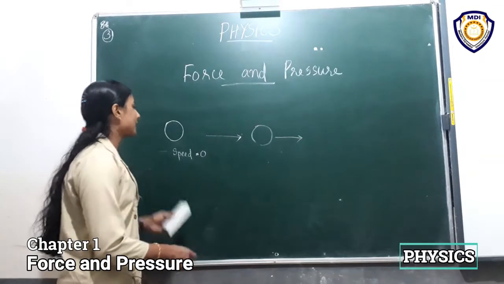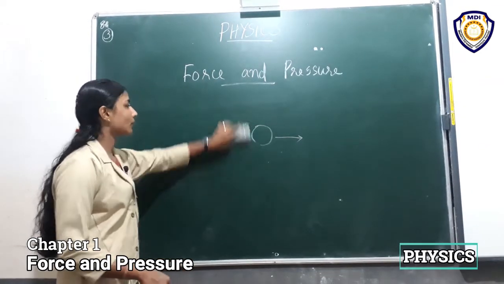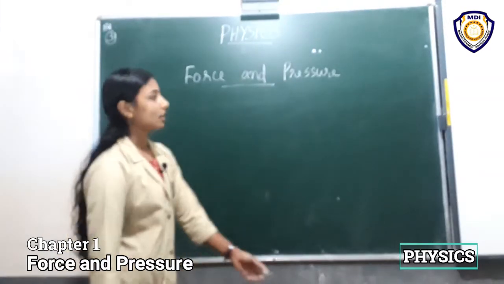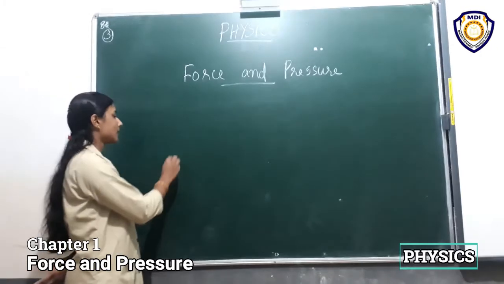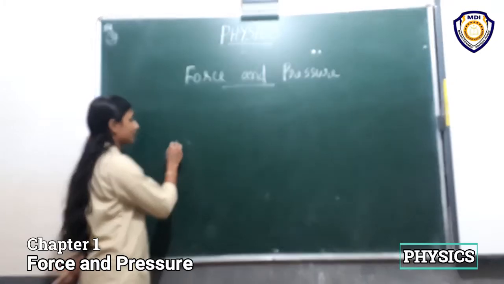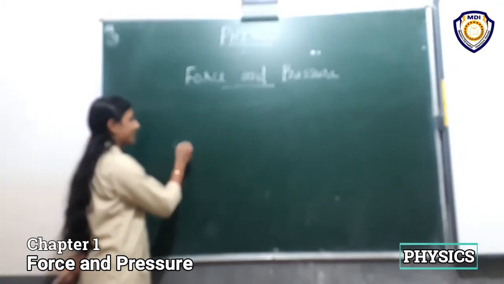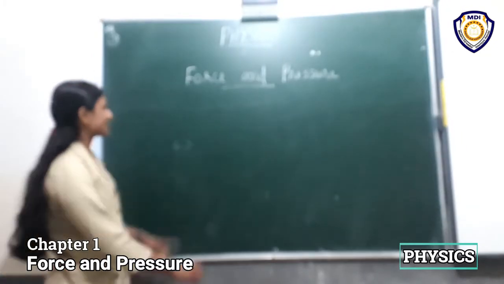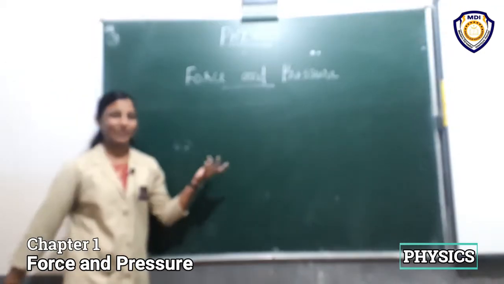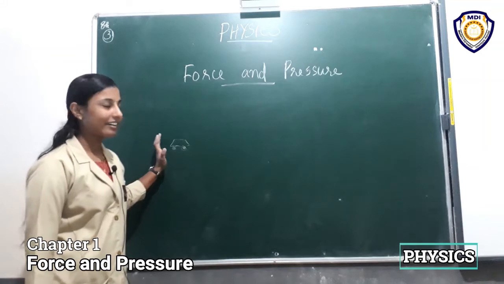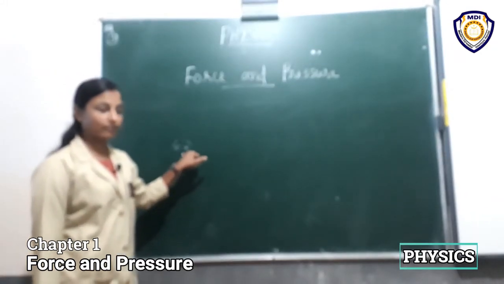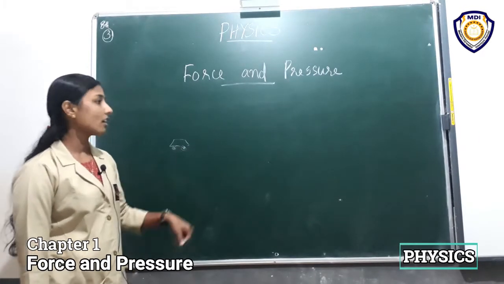So take another example of a car. I am not good at drawing. So suppose this is a car. I don't know how to draw a car. Suppose it is a car. At first this car is at rest, and we are starting.